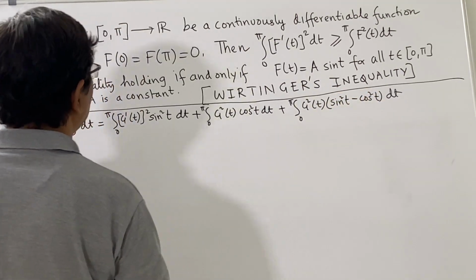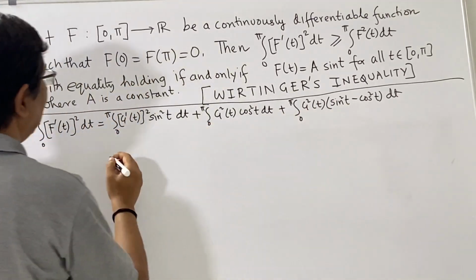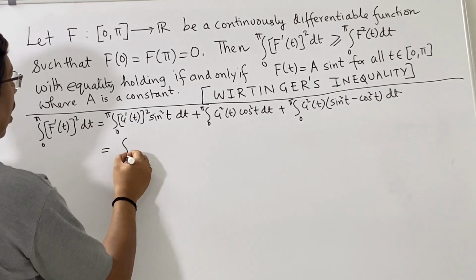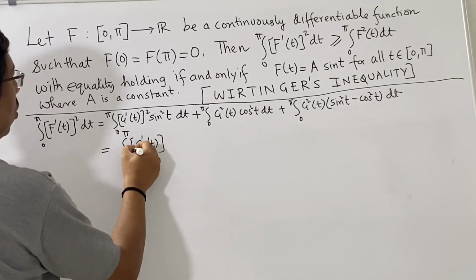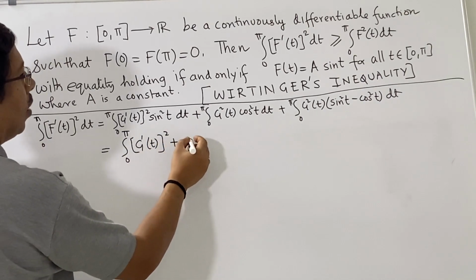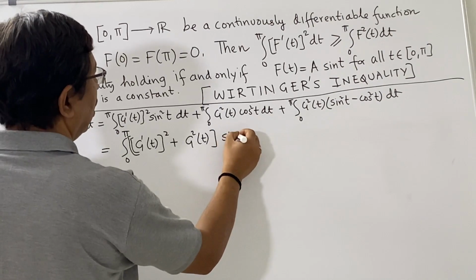So on simplification, we see that the g squared t cos squared t terms cancel, and what we are left with is the integral 0 to pi of g prime t squared sin squared t plus g squared t sin squared t.